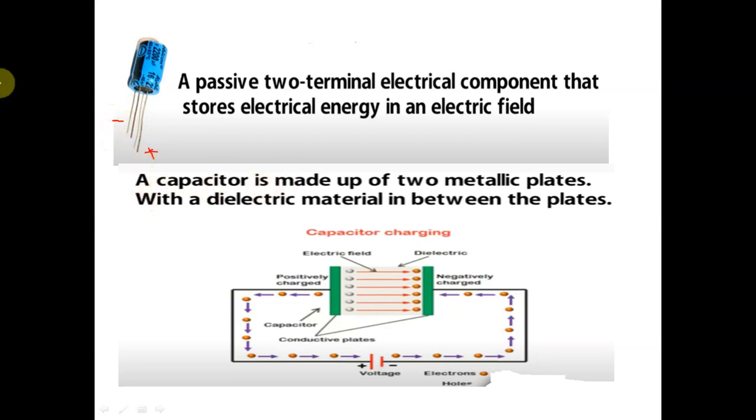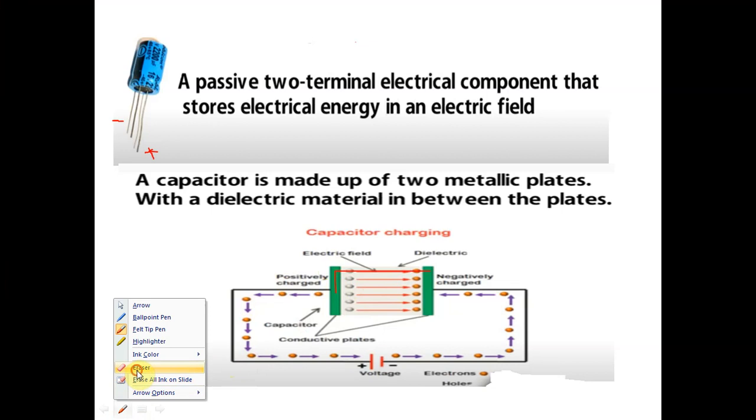A capacitor is made up of two metallic plates. These are the two metallic plates of the capacitor.